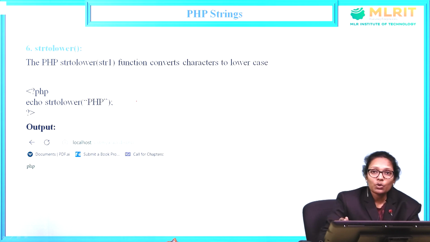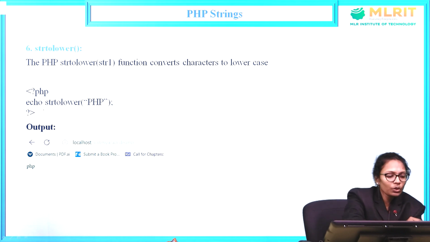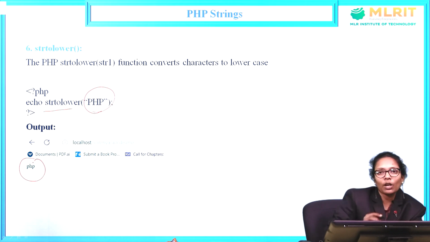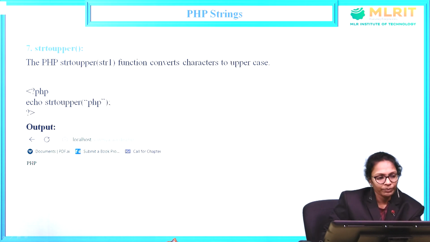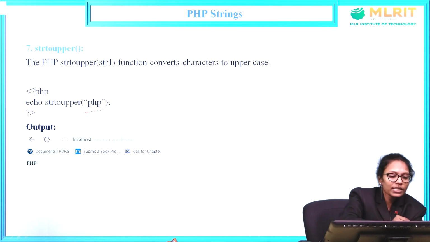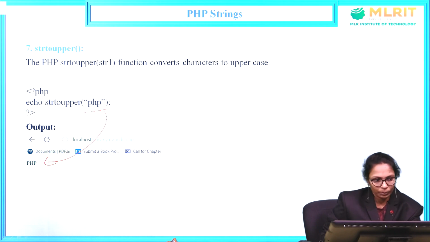Next is strtolower. If any uppercase letters are there, it will convert them into lowercase. I am giving PHP as capital letters, but in the output I am getting all small case letters. And next is strtoupper. Here whatever lowercase letters are there will be converted into uppercase in the output.